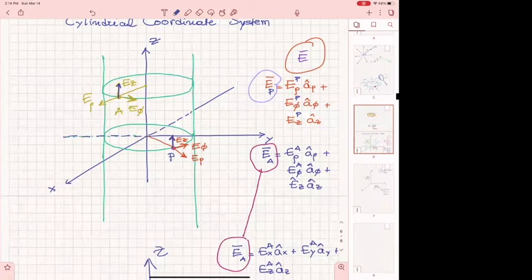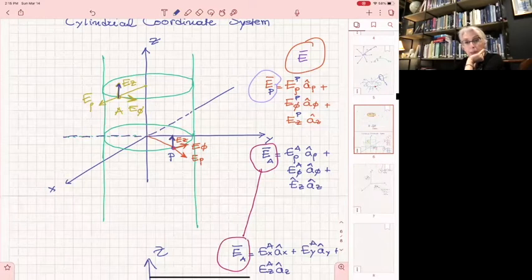They're in different directions. Not the same. Yeah. Exactly. So if points A and P were on top of one another, I could not use the expressions of the relative fields in the cylindrical coordinates and sum them up.